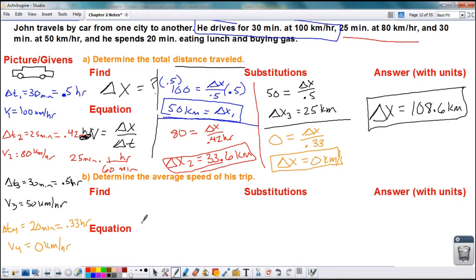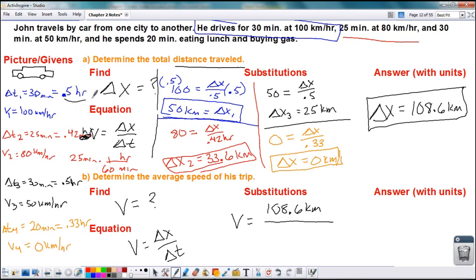All right, now for part B. Determine the average speed of his trip. Okay, average speed. Well, to find the average speed, we need the total distance over the total time. Well, we just found the total distance, 108.6 kilometers. We need the total time, so now I need to add half an hour plus 42 hundredths of an hour plus another half of an hour plus 33 hundredths of an hour.